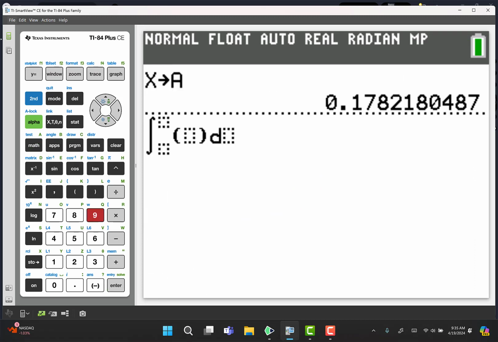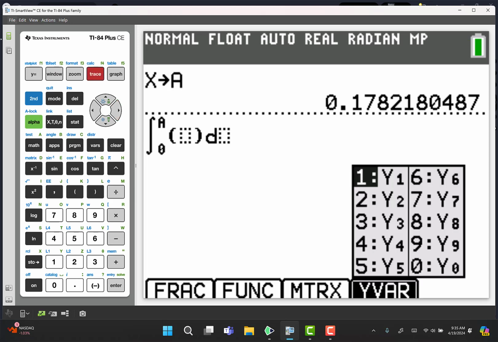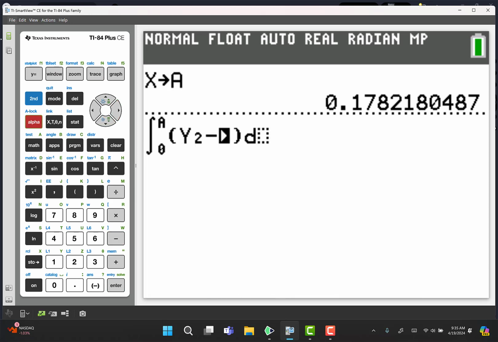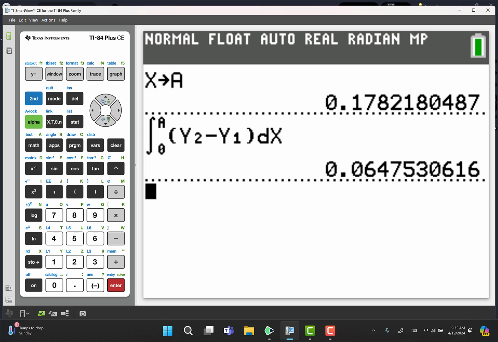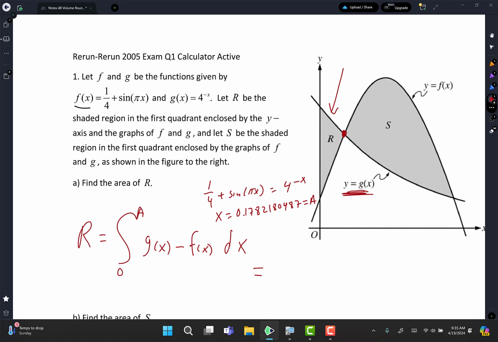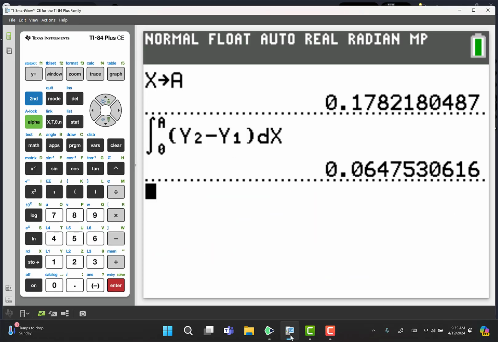Math 9, 0 to A, and then alpha trace y2 minus alpha trace y1 at x, enter. I got 0.06475. Is that what you got? 0.06475. And that's it.